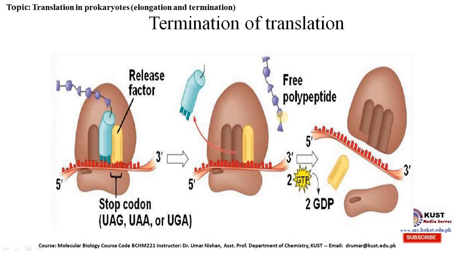This free polypeptide is then further processed before it is used, through post-translational modifications, or PTMs. We will talk about this in the coming lectures, but this is how the process of translation comes to an end.